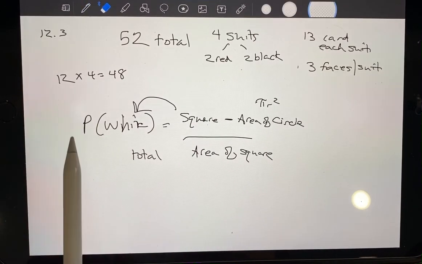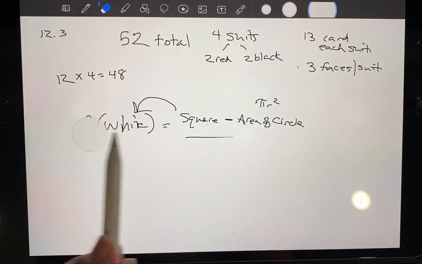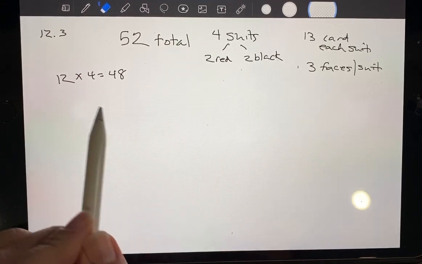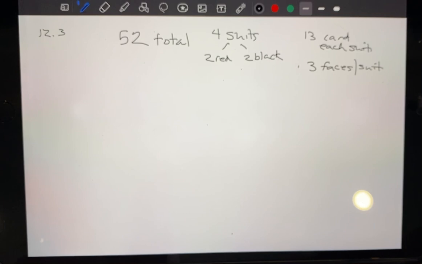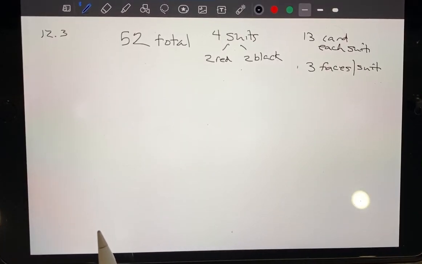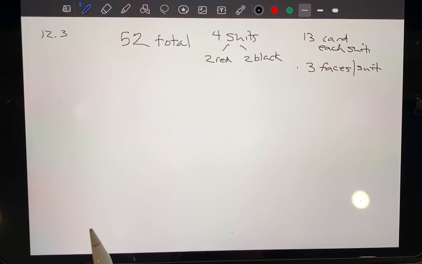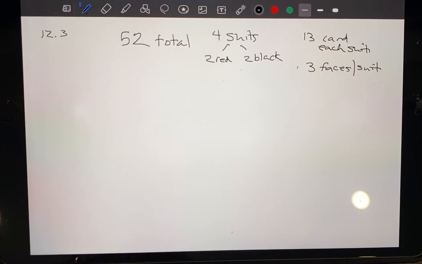So the main takeaway for probability is to look and make sure that you are answering that probability question as true. Now, for number 37, they give you a Scrabble chart. And then they're asking, what is the probability that you will choose 3 vowels and 4 consonants?